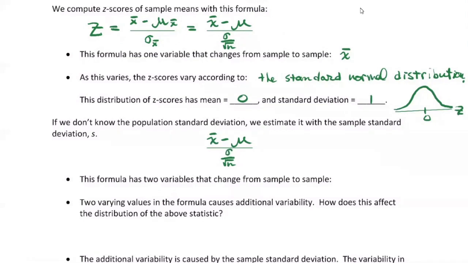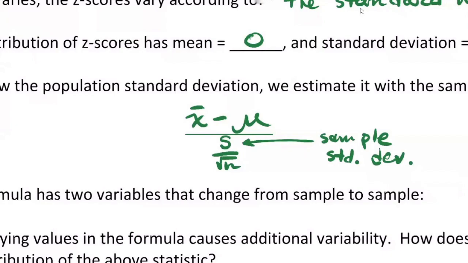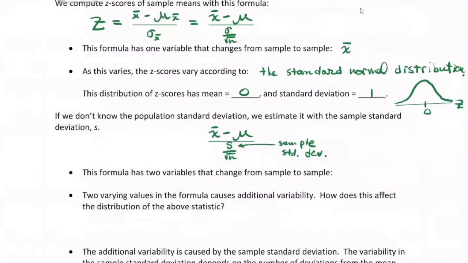You don't know its value. So instead, you have to use the sample standard deviation. S is the symbol for the sample standard deviation. Okay, that's what we use in practice.